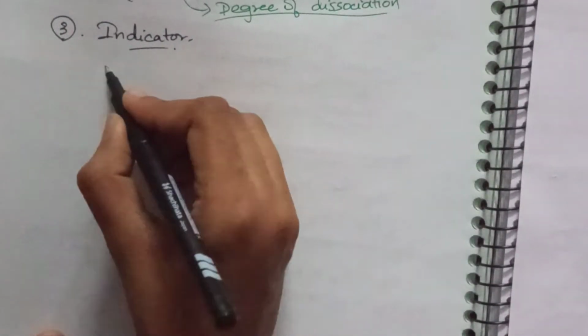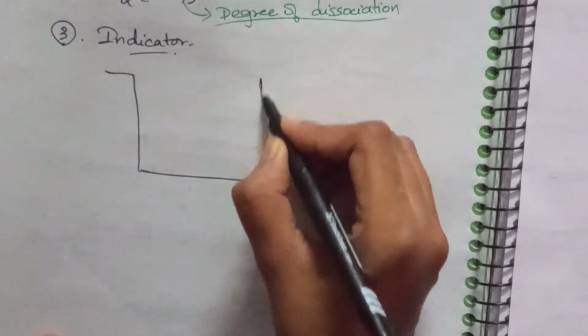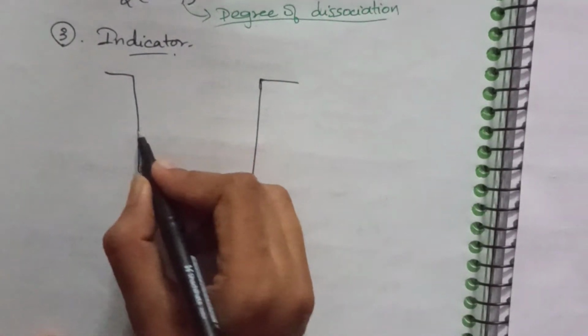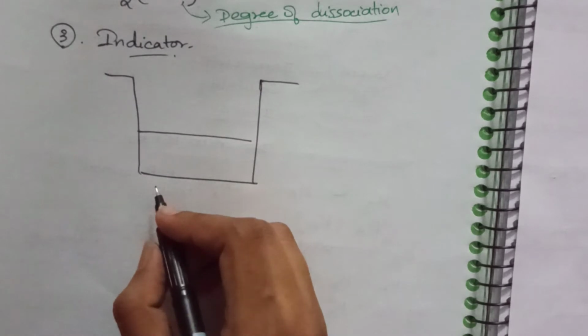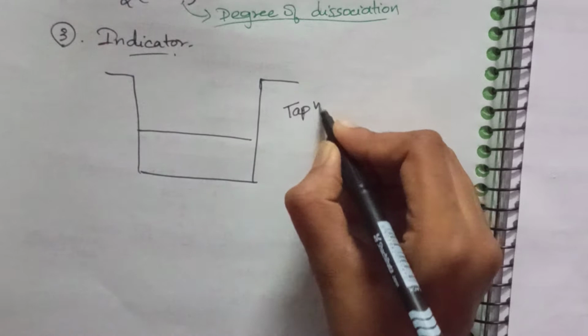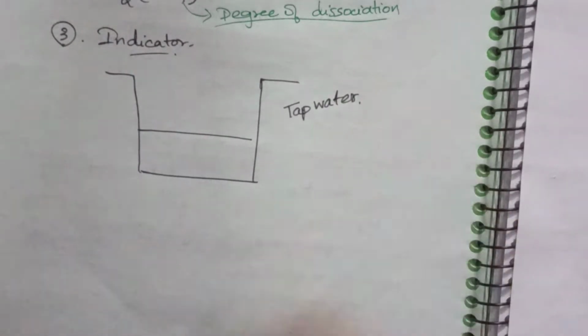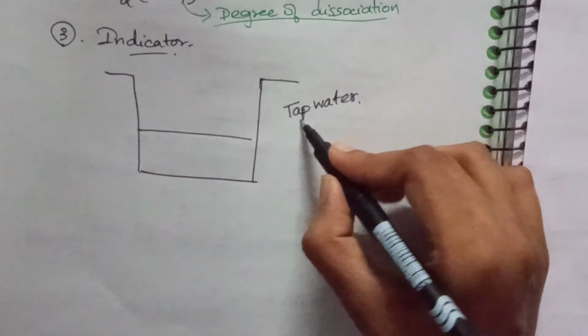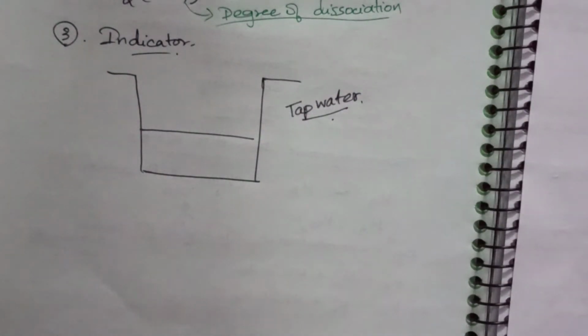You have taken a beaker containing tap water, and I want to examine whether my tap water contains iodine or not. Naturally it contains iodine, but anyhow we are going to test it. So how can I test whether the tap water contains iodine?